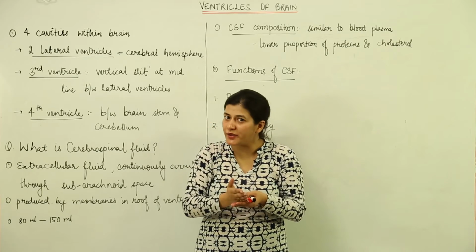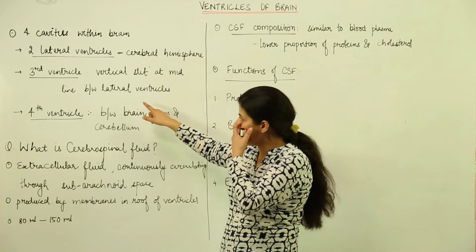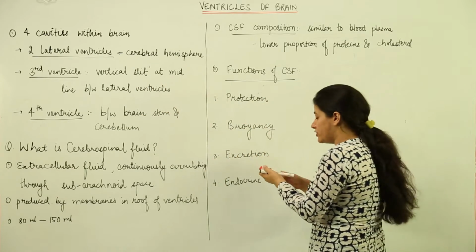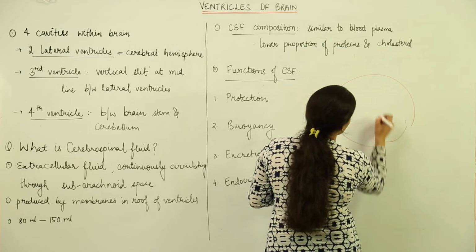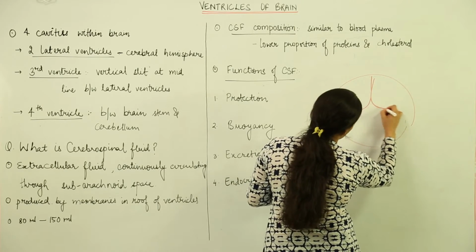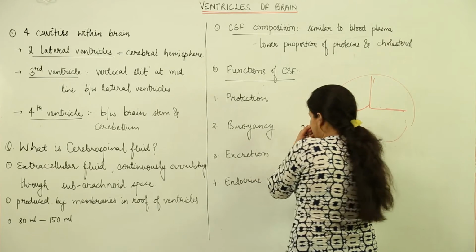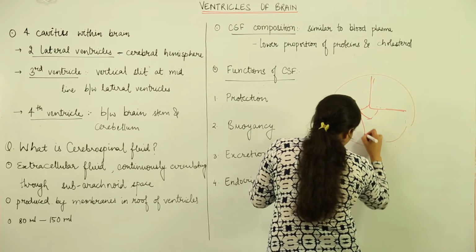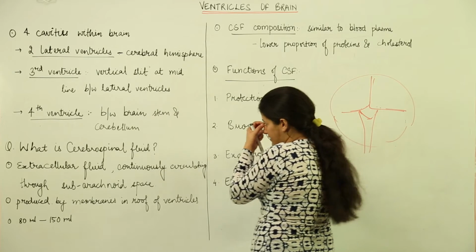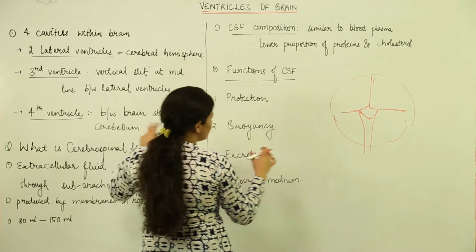Then there is a third ventricle which is present as a vertical slit at the midline between the 2 lateral ventricles. Supposedly, this is the brain that I am talking about. This is one ventricle, this is the other ventricle which houses the cerebrum basically. There is a third ventricle that lies over here, and the fourth one is located in the area between the brain stem and cerebellum.